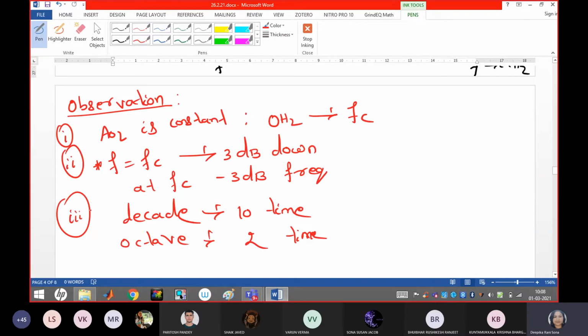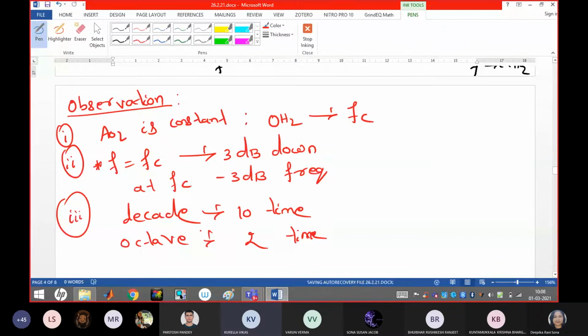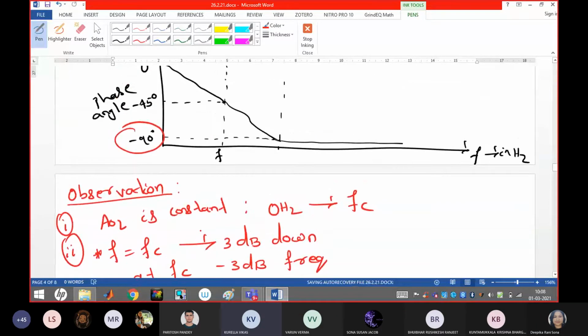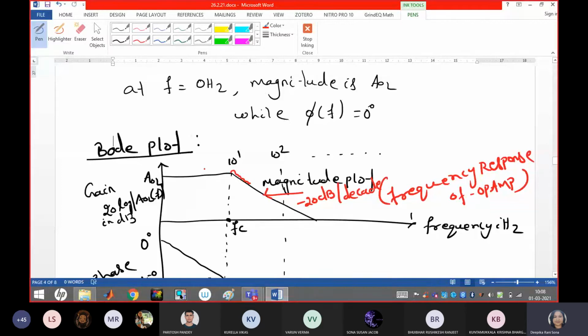Then the second point of AC characteristic. Ma'am, once show the graph, how will it be 3 dB down, or minus 3 dB frequency? Yeah, in detail I will tell you that in the filter topic only. Here it will take time. How the frequency will change, I will prove in the filter topic only, guys.